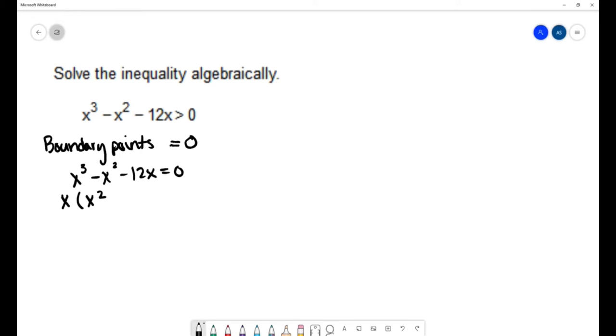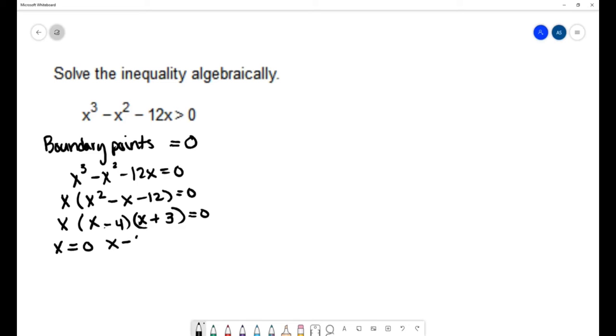That would leave me with x squared minus x minus 12. I can factor some more. I get x times x is x squared, 4 times 3 is 12. If I put a negative on the 4 and a positive on the 3, that will give me the right number in the middle. And then I can set each factor equal to 0.